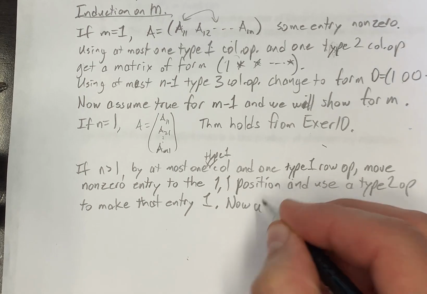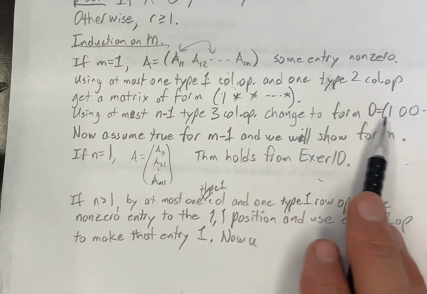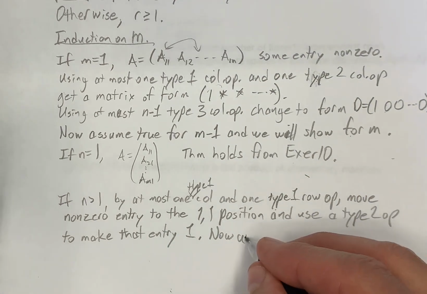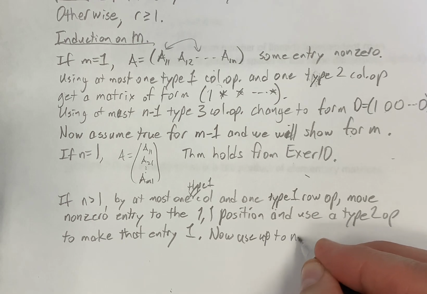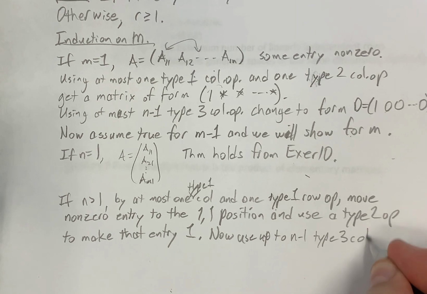Now remember what we did right here, we used those type 3 column operations to make all of the other entries 0. Now use up to n minus 1 type 3 column operations.